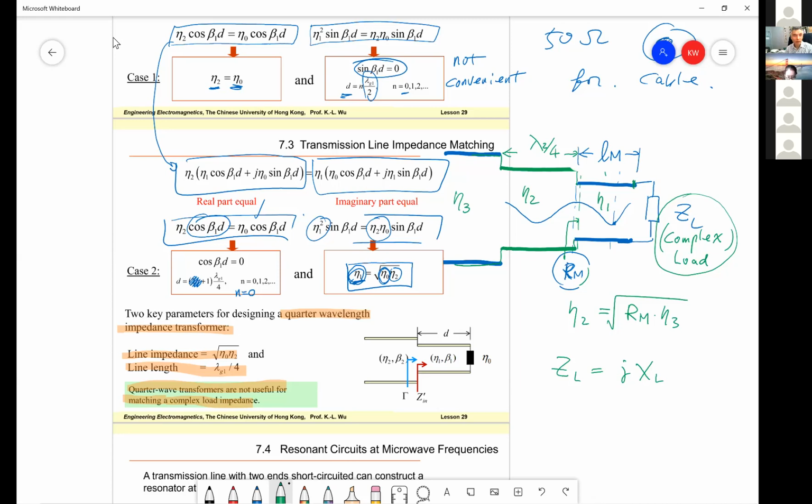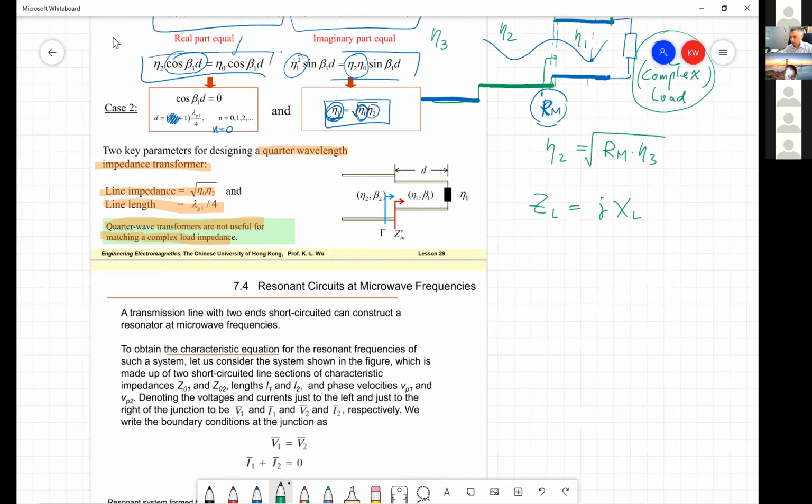Let me put it this way. You never can get a real part. You see, because impedance, right, is, sure, this is a real, but if the load is imaginary, okay, the second part is also imaginary, right? The second part is also imaginary.